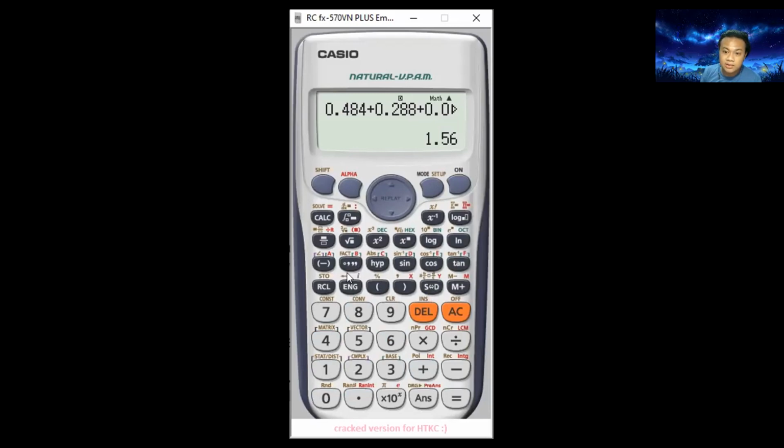So, equals, and then you have your sum. That is our variance now. That's the variance. So you have to take the square root of that. You will get now the standard deviation, which is 1.25.